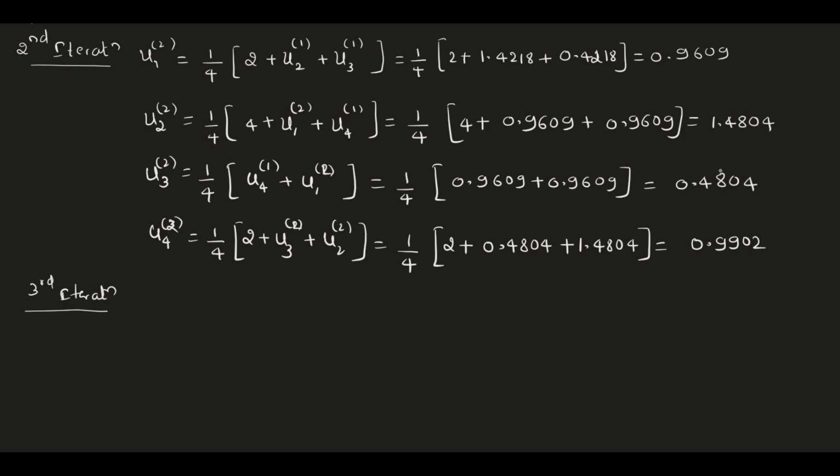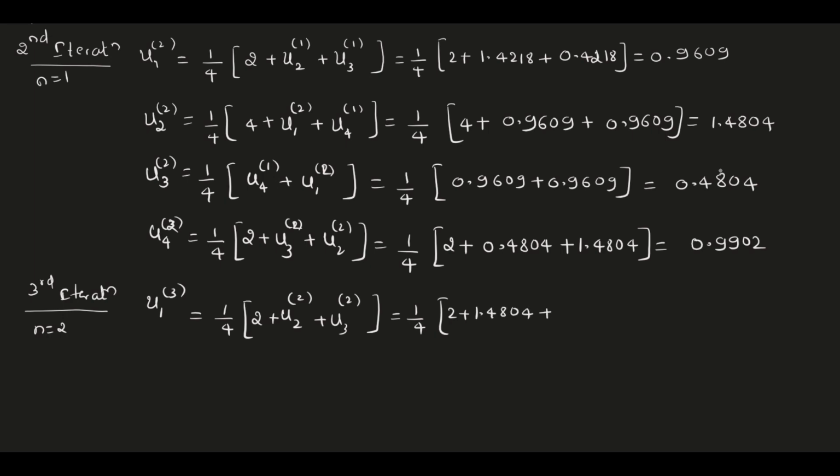Yes. Now for u1 of 3, you have to put n as 2 here, n as 1 here, equal to 1 by 4, 2 plus u2 of 2 plus u3 of previous values. 1 by 4, 2 plus u2 of 2 is 1.4804 plus u3 of 2 is 0.4804.